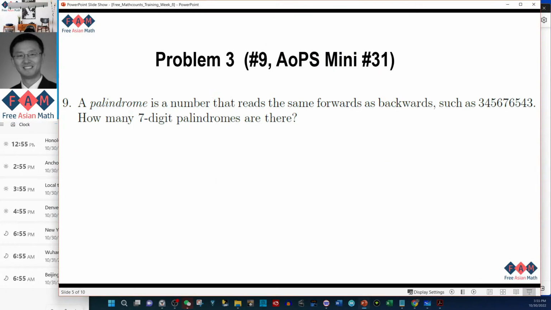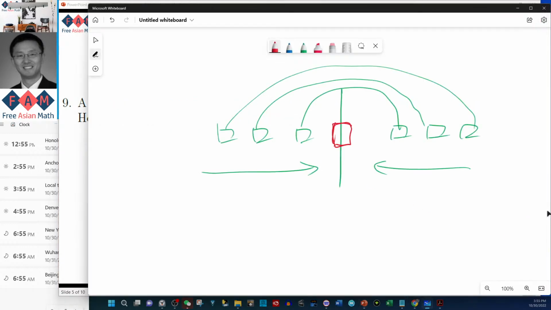Now, how many 7-digit palindrome numbers are there? Well, we just gave this example, right? This is a 7-digit number. So now you understand the constraint: how to build this 7-digit number so that we have this match, this match, and this match.